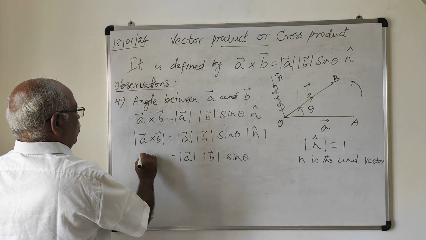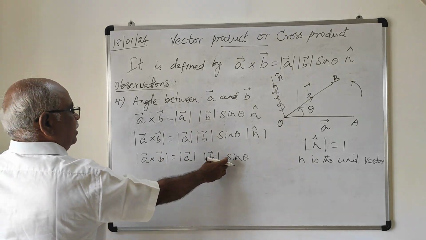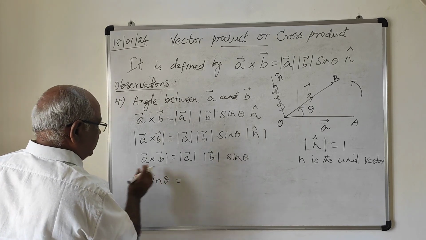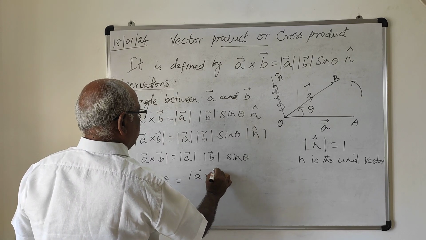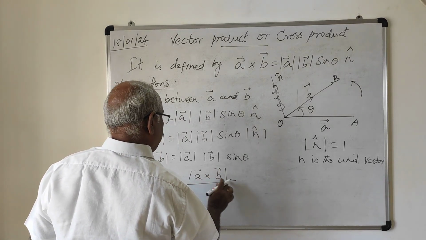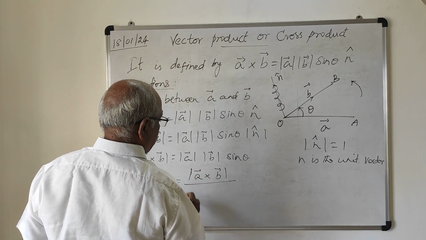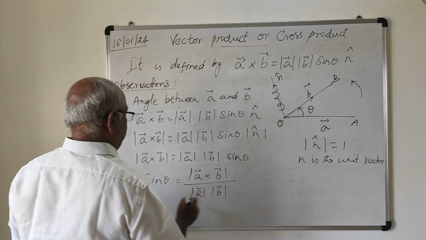In the left hand side you have mod of A cross B. From this we can determine sin theta equal to, you bring this mod A mod B to the left hand side, it becomes mod of A cross B by modulus of A into modulus of B. This is sin theta.